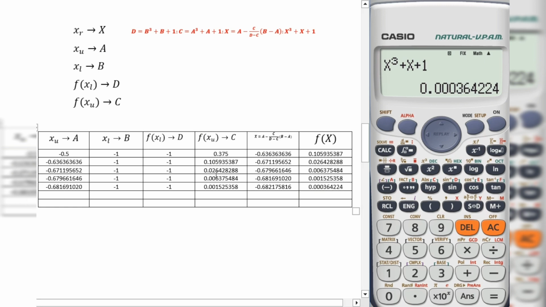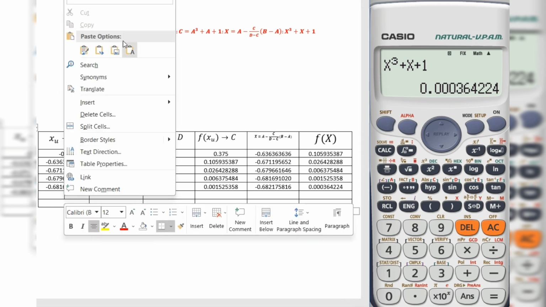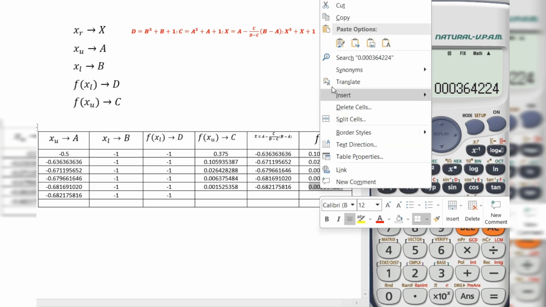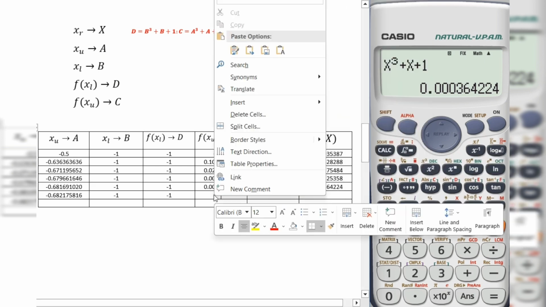Again our root is between this value and minus 1. Again minus 1, C is equal to this value.